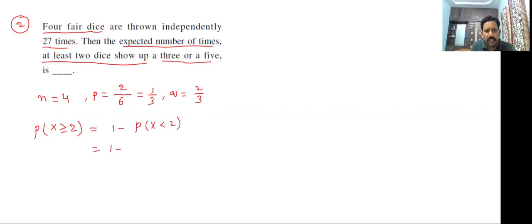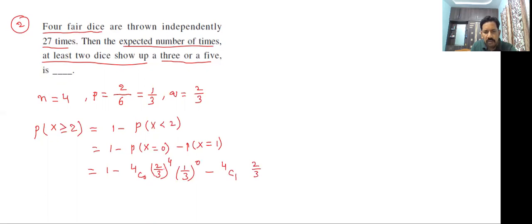So 1 minus P of x is equal to 0 minus P of x is equal to 1. Now apply the formula. 4C0 into 2 by 3 whole power 4 minus 0 into 1 by 3 whole power 0, minus P of x is equal to 1.